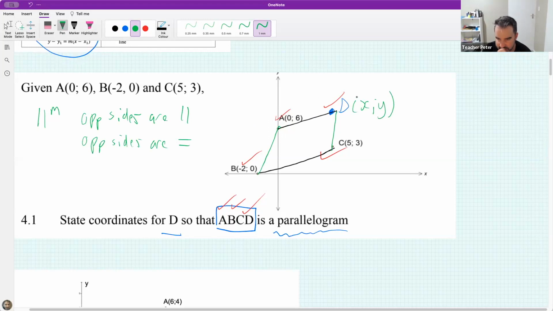That's the whole point. Find D such that ABCD is a parallelogram. Now, because the black lines are parallel to each other and equal, we can use that property to help us. So let me take you on a journey.